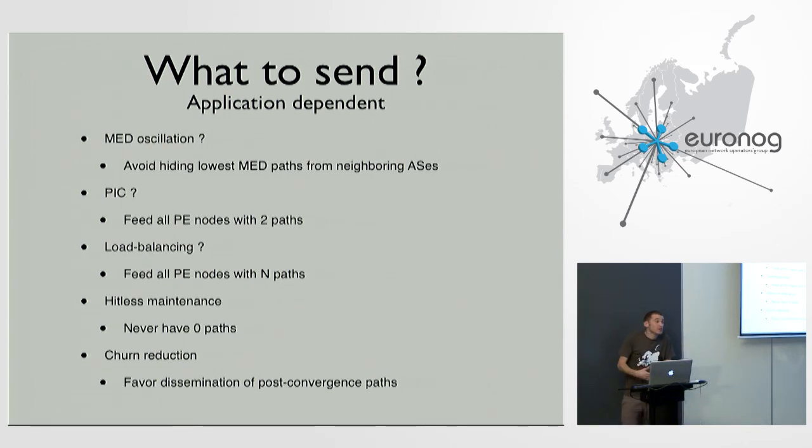If the goal is to have planned maintenance, be it less, then you only need to find, based on the topology, a strategy that will never let a router be starving of a path, although one is available at the border of the network, right? If the goal is to stay silent upon failures within your network and not disclose them to your customers, then the strategy will favor the dissemination of the post-convergence path.